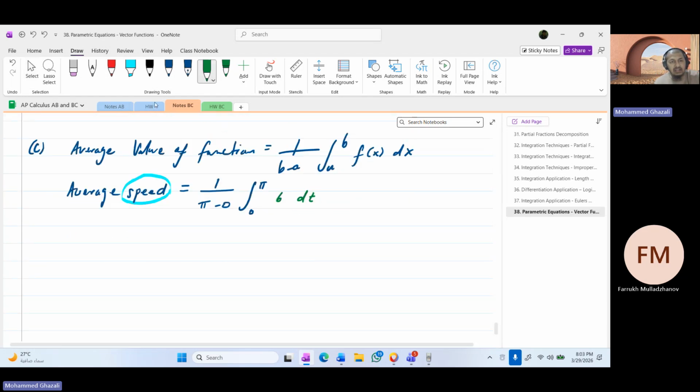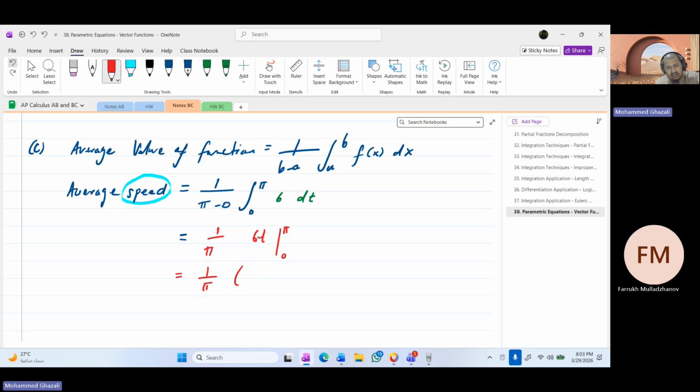Yes, correct. Now, this is like your time that you are dividing by, isn't it? So your average speed will be 1 over pi. If you evaluate this, it's going to be 6t from 0 to pi. So you get 1 over pi times 6.